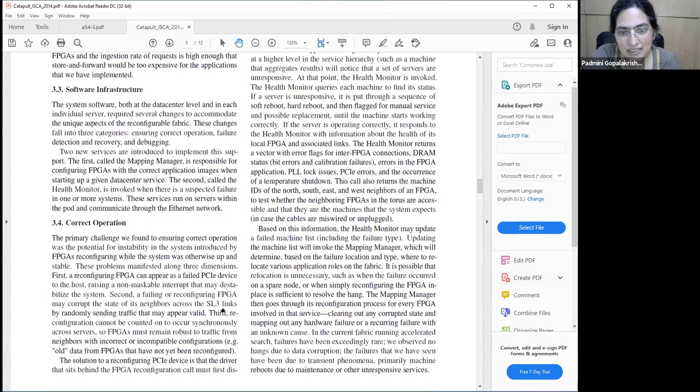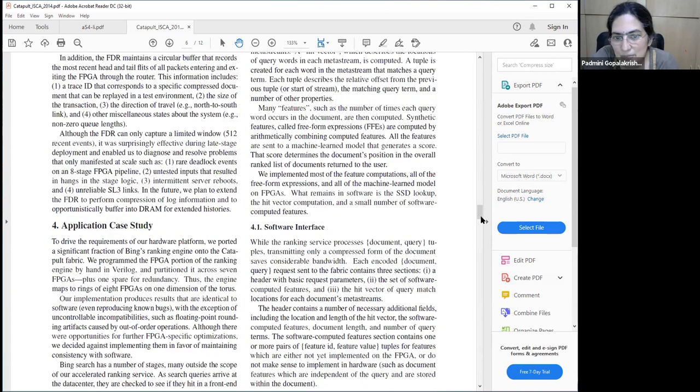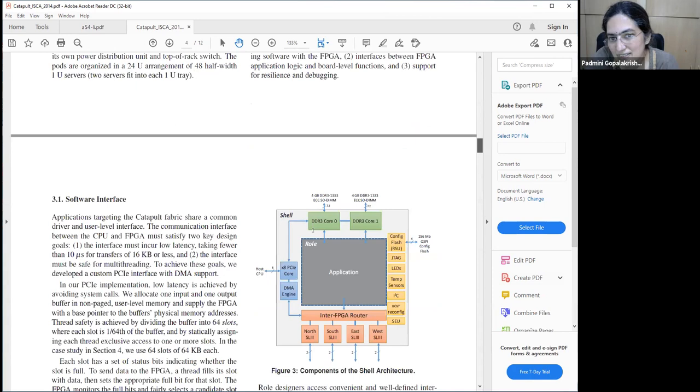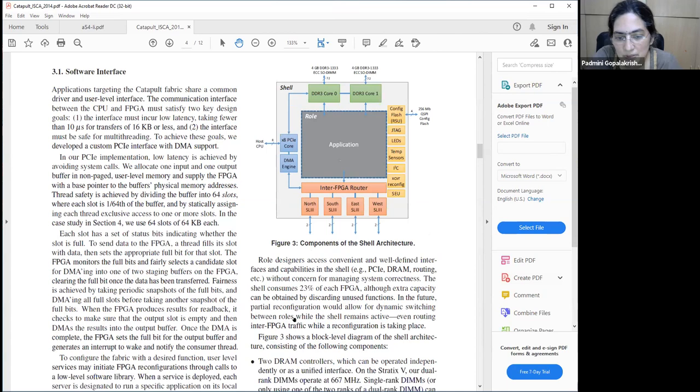Okay, failure recovery, and let us actually look at the application case study, which is the interesting part. So far we have looked at the shell. Now what we are going to look at is what actually sits here in the application. The remaining 77% of the FPGA, what is it actually used for? Okay.